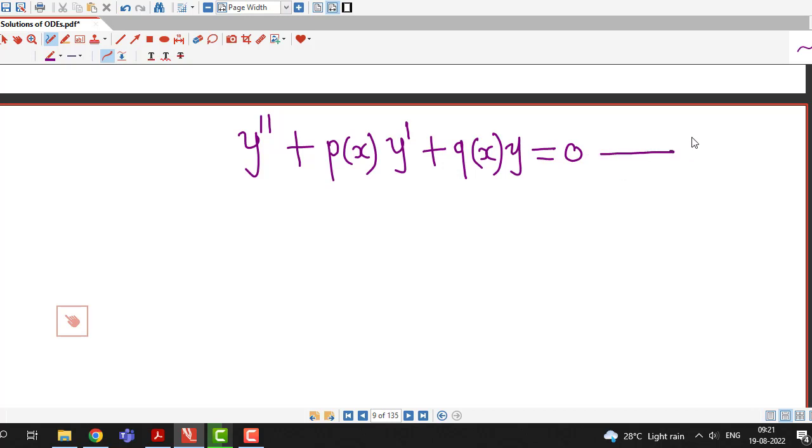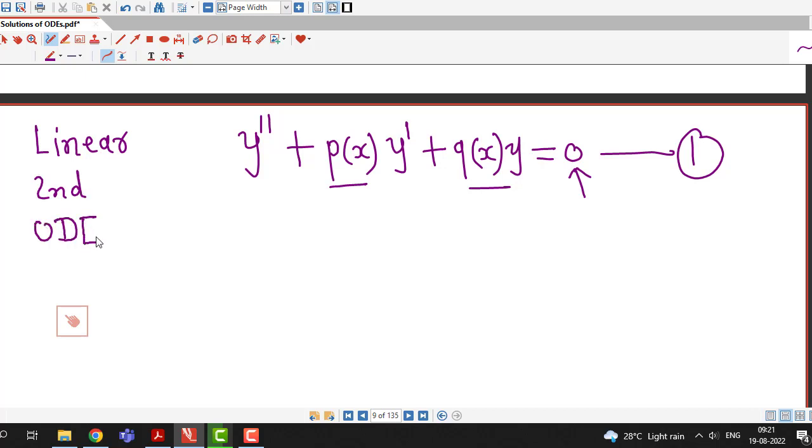Here p(x) and q(x) are called the coefficients of the differential equation, and we are going for the homogeneous differential equation only. We will not go for the non-homogeneous ordinary differential equation. So our focus is on the linear second order ordinary differential equation.